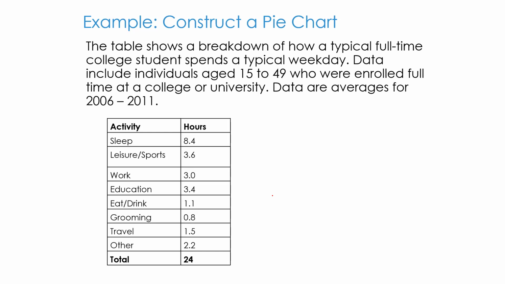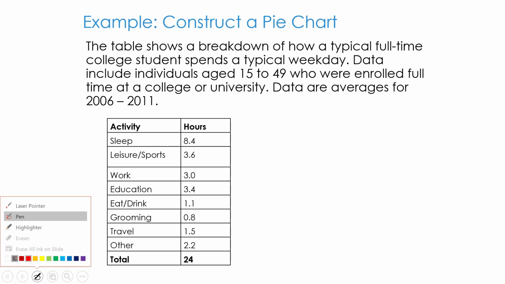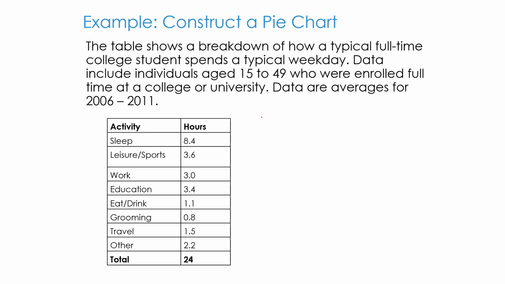So there are 24 hours in each day. And so if your typical student sleeps 8.4 hours a day, then the percent of the time they spend sleeping is 8.4 divided by 24. So 8.4 divided by 24 is 35%.